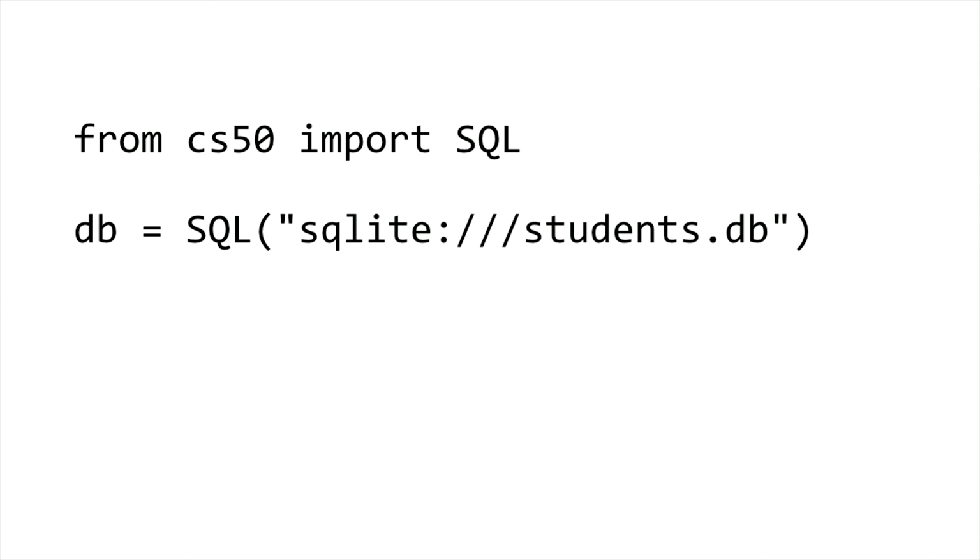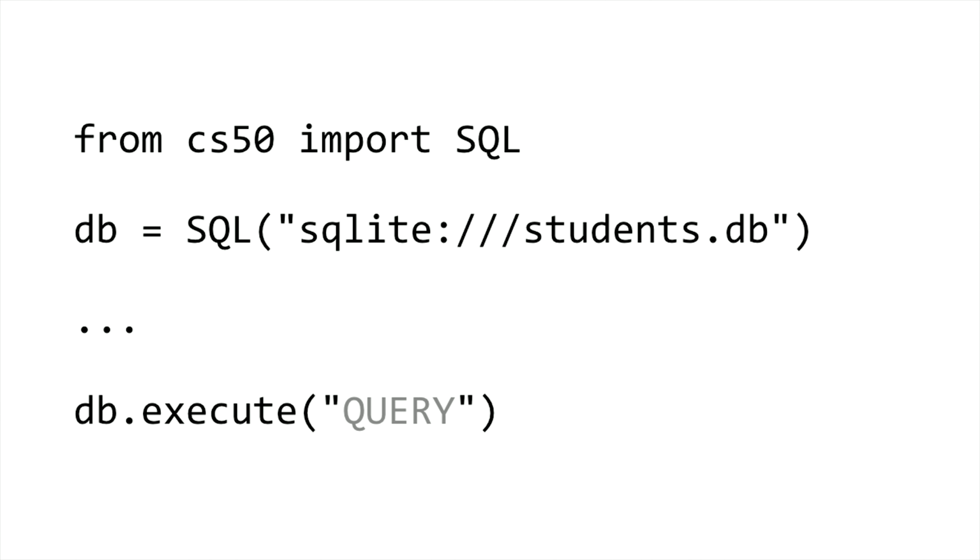In short, what this is going to do is give us access to this database, students.db, and SQLite here is just specifying that this database is in fact a SQLite database. After that, we now have access to this value, db, such that later on in our program, we could write code like db.execute, and then in parentheses, we could include a SQL query, be that query an insert query or a select query or some other query that we would like to perform on the students.db database.